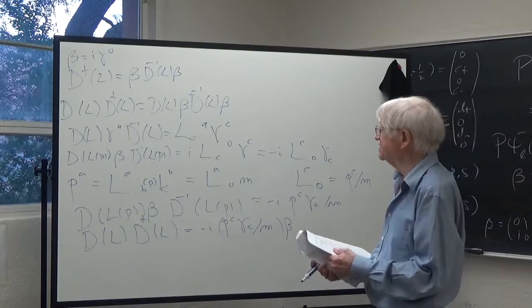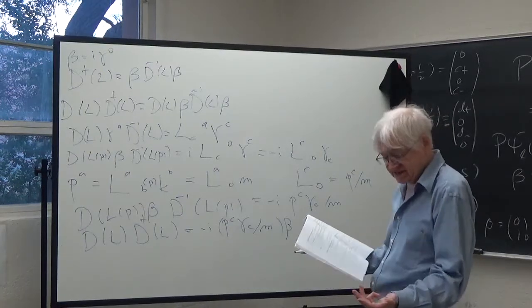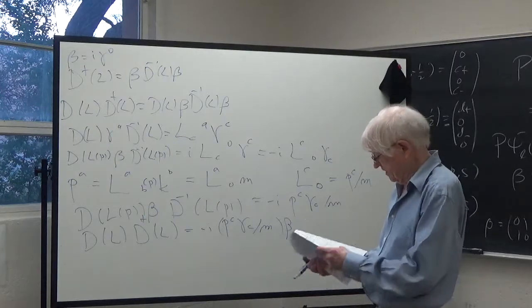Namely, we had things like D dagger, and in between D and D dagger were a 1 and a beta.